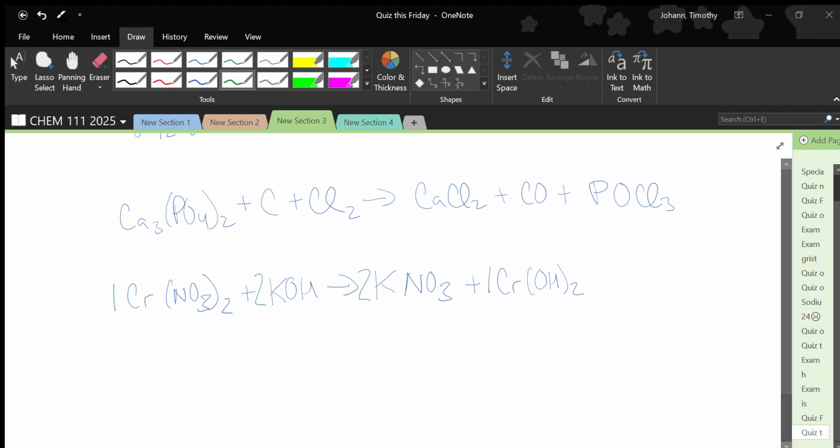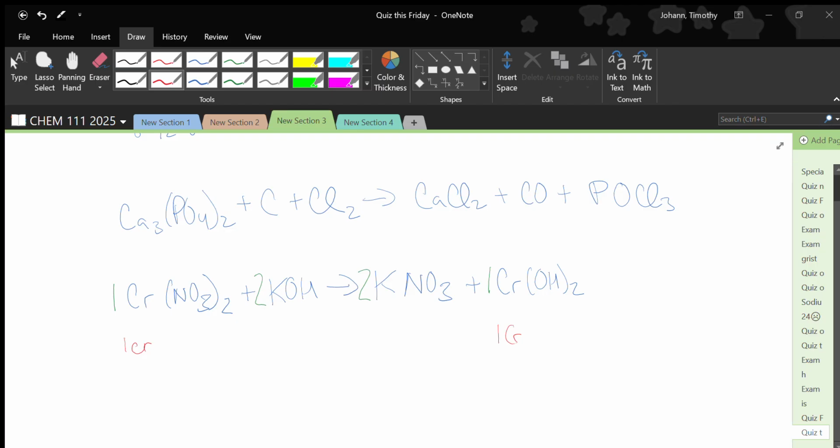And now let's count up atoms and make sure we've got it right. So I've got 1 chromium over here. How many chromiums do I have on the other side? 1 chromium, good, okay. How many nitrogens on the left-hand side? 2, okay. Parentheses, 2 nitrogens, 6 oxygens, okay.